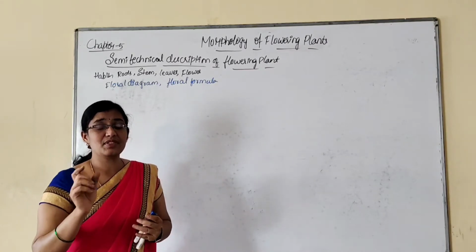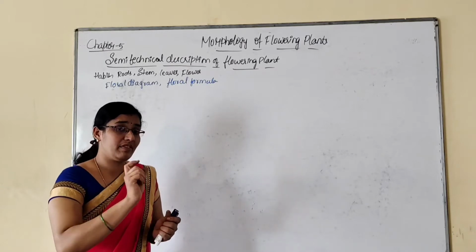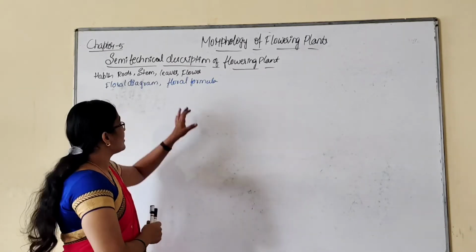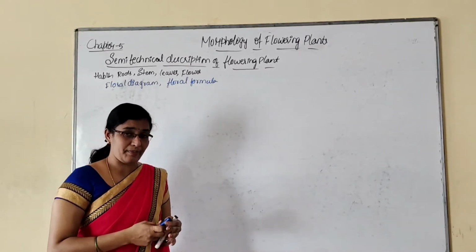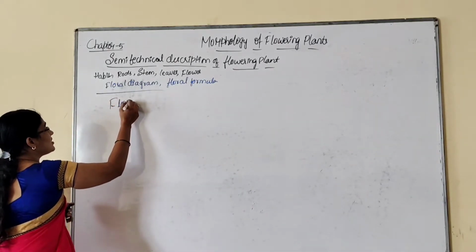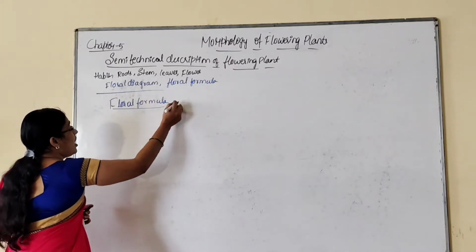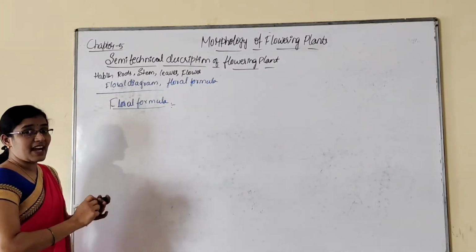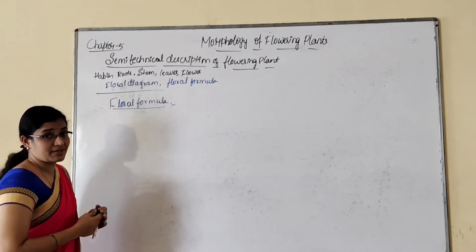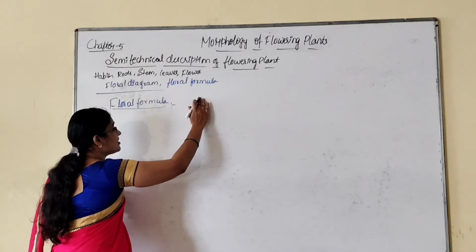So different terms we are describing, and to those different terms we will be giving the symbols, that is nothing but the floral formula. So now let us look at what this floral formula is. One by one, outside in. So let us start from the bracts. You people know that this is the flower.